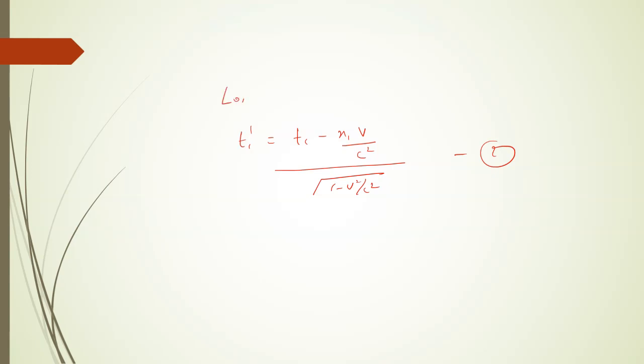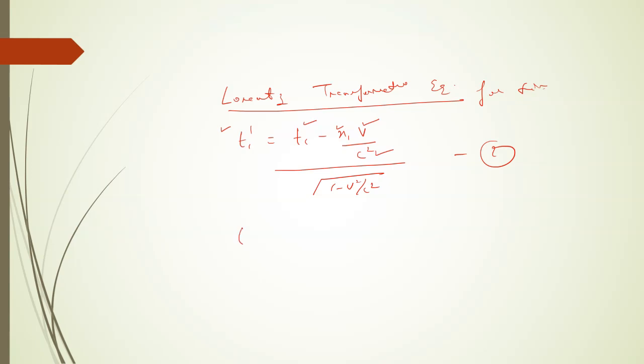Here t1 dash is the time for the first event, that is P1. t1 is the time from the frame S for the same event. x1 is the position of the event from frame S. v is the velocity of the S dash frame. c is the speed of light.